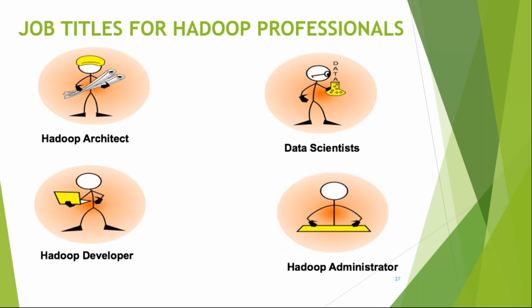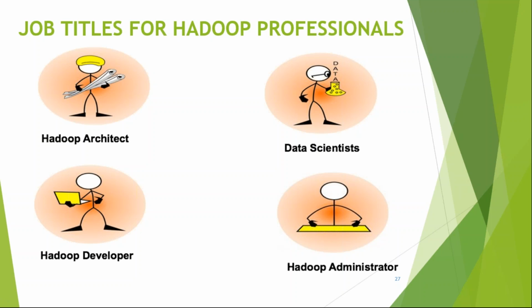To become a Hadoop administrator, you should be very strong in networking and in support kinds of things, like Linux installation, Linux commands, Linux scripting, and scheduling jobs. If you want to become a Hadoop developer, you should be strong in MapReduce, Hive, and Pig, which are the processing things.